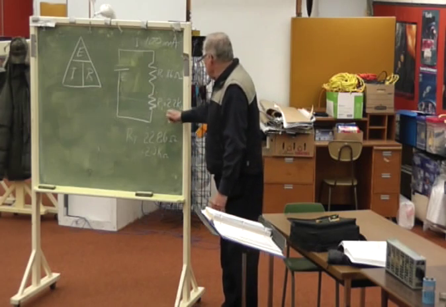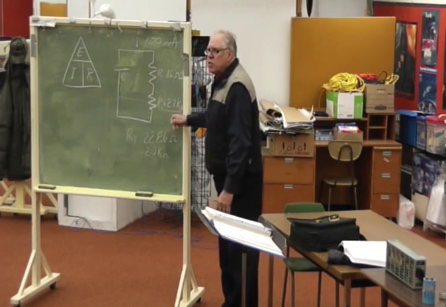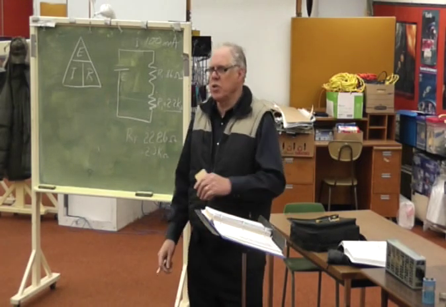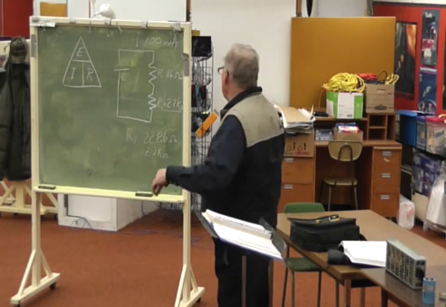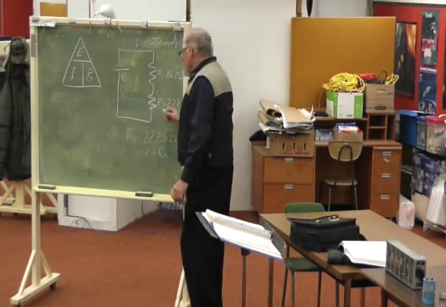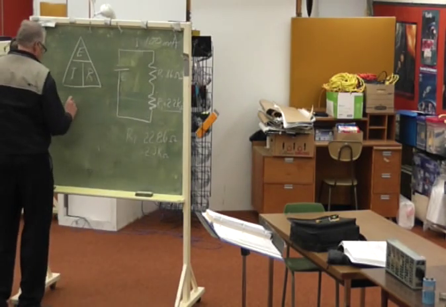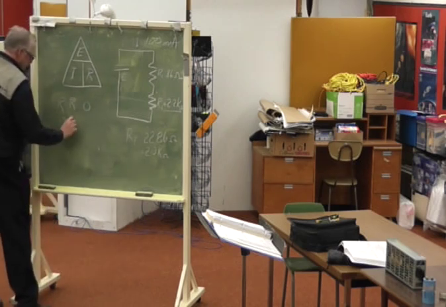Okay. Anybody want to take a wild guess? What would be the color coding on this one? 2.2 k ohms. Red, orange. Red, brown.